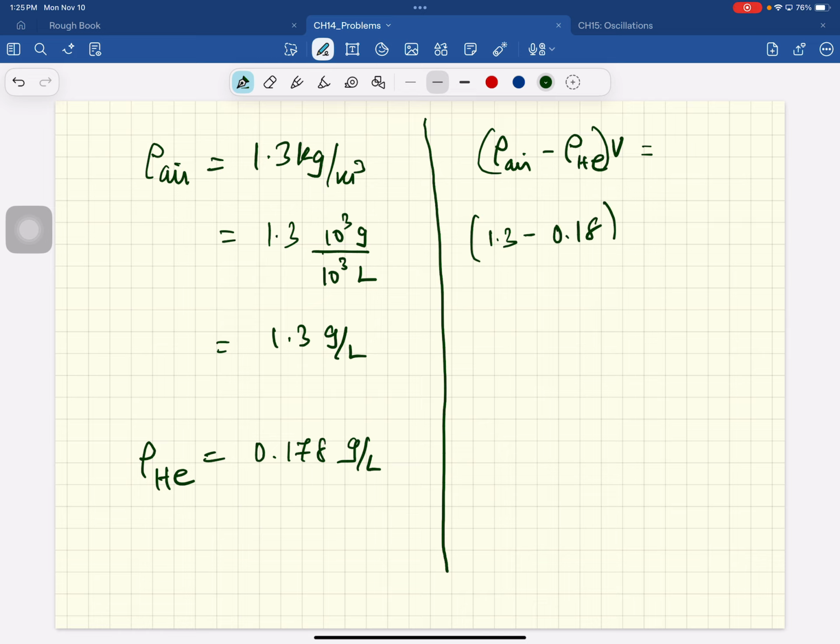We'll call it 1.8 grams per liter times 2 liters.